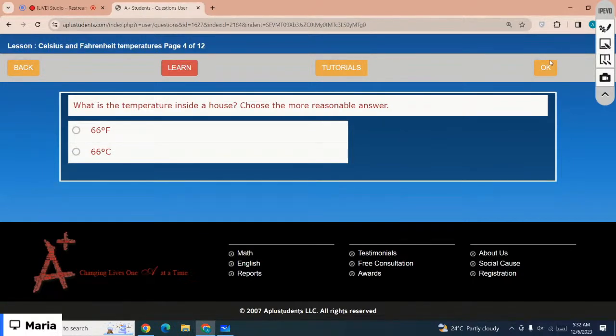What is the temperature inside a house? Choose the more reasonable answer: 66 degrees F or 66 degrees Celsius. Which is the correct option?